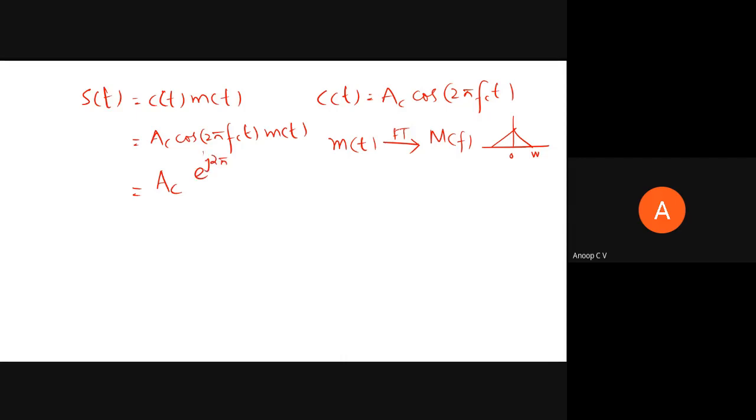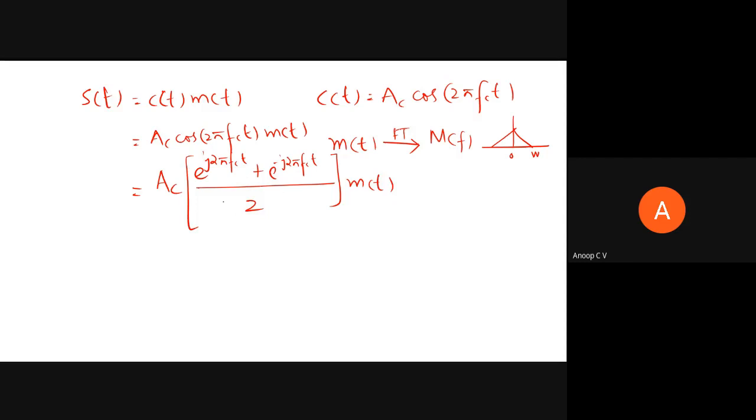e power j 2 pi fct plus e power minus j 2 pi fct, divided by 2. So cos 2 pi fct I can always write as e power j 2 pi fct plus e power minus j 2 pi fct by 2.